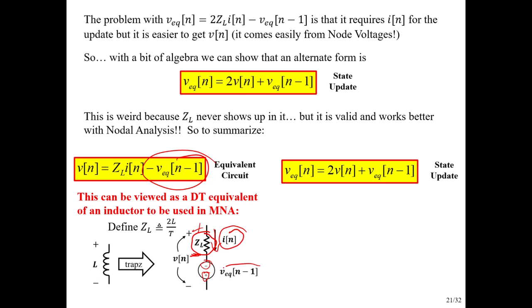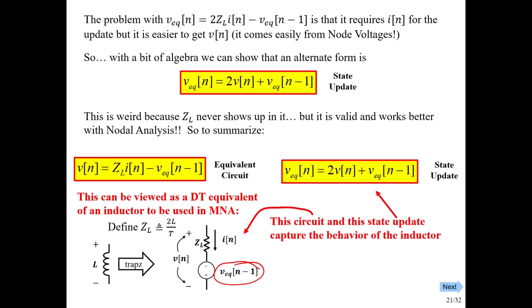Minus plus VEQ of n minus 1. Okay, so notice that the equivalent circuits involve the previous auxiliary or equivalent thing, right? So that'll show up as an important characterization later.